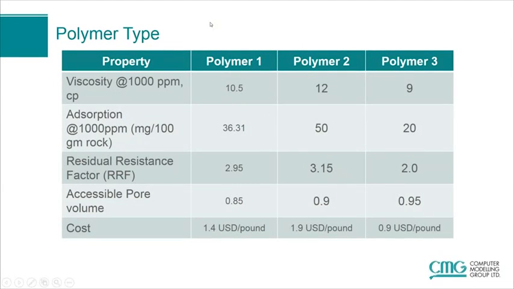So for this study, there were 3 different polymers used. Each of them had different viscosities, different absorptions, different residual resistance factors, different accessible pore volumes, and different costs. Polymer 2 was the most expensive. Polymer 3 was the least expensive.